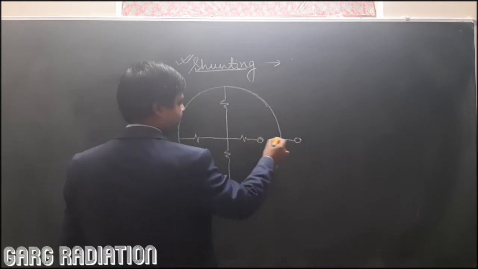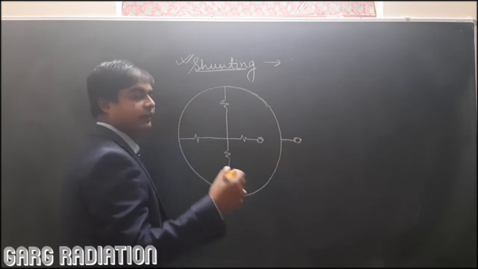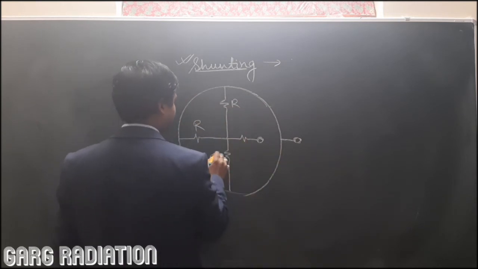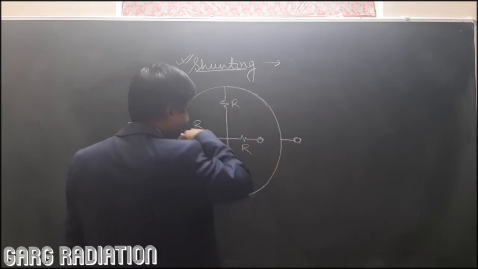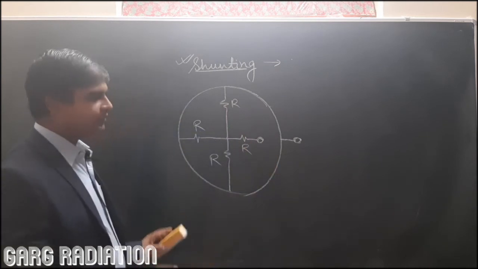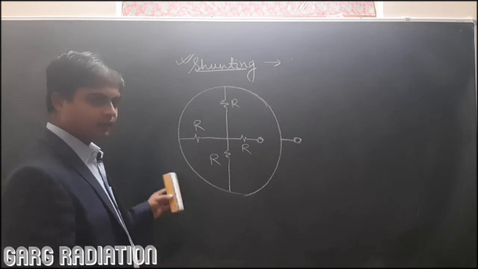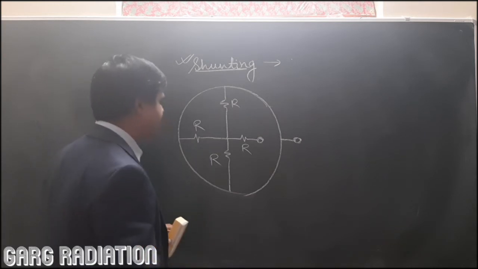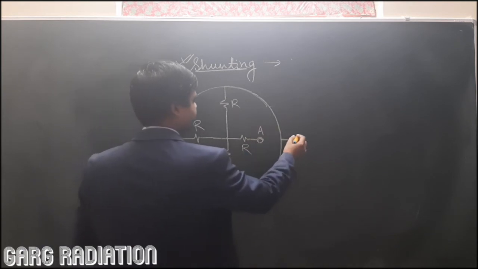Wherever I draw these circles, it means they are being connected with the cell. So all of the resistances are R. We have to find R equivalent. Okay. So this is also related with shunting, although it does not seem to be shunted. Yes or no? But yes, it is also related with shunting. So let us understand this.